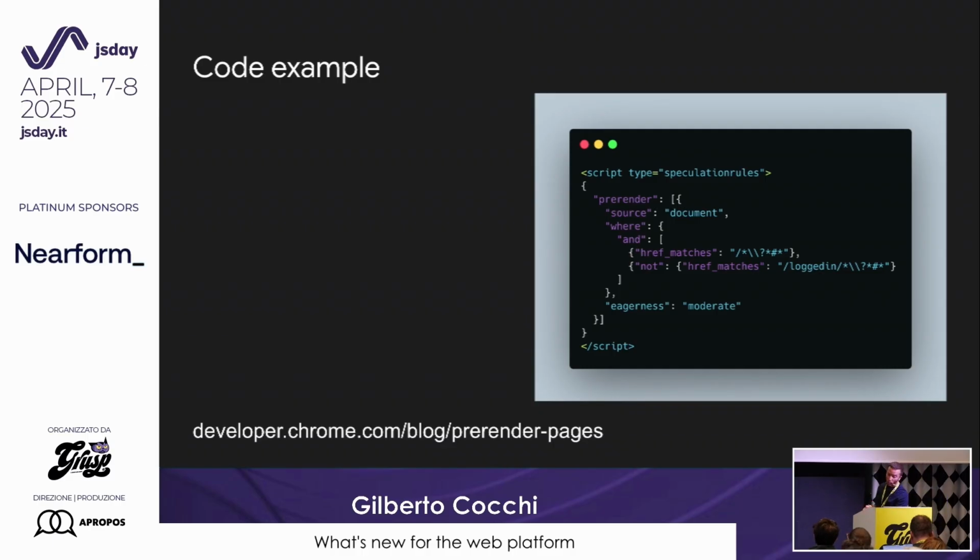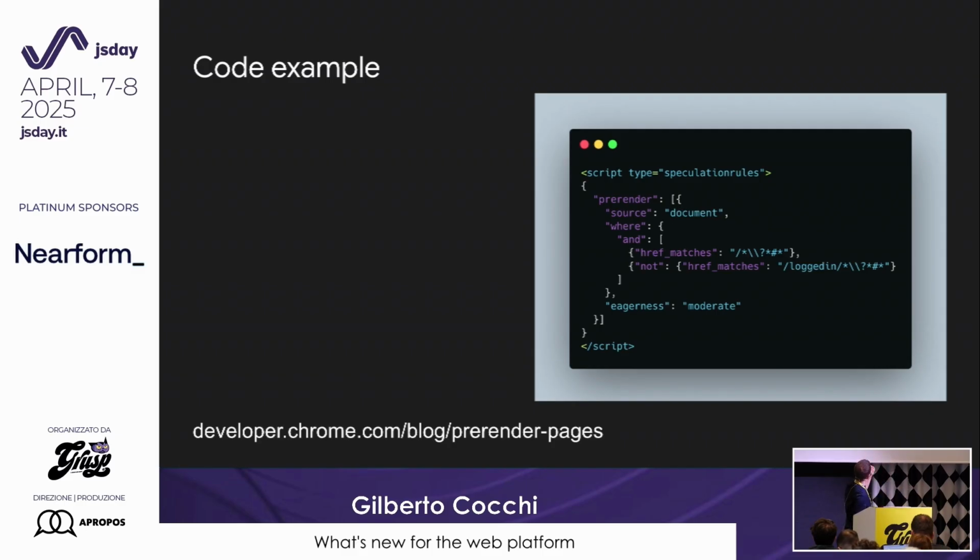You just define what the action is, either prefetch or pre-render. You define what the eligible links are, and you can define links by href match or by CSS selector match. It's really, really easy. And you define the trigger logic, when the action should happen, and the eagerness setting controls that.